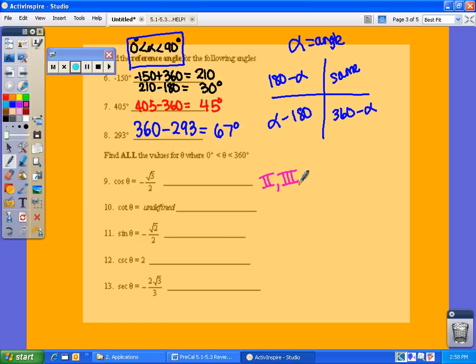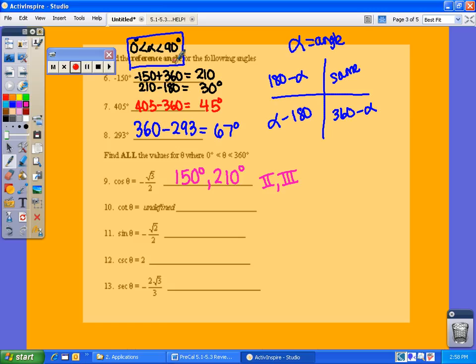And I also know the only time I see square root of 3 over 2 in the second and third quadrant for cosine is at 150 and at 210. So if you know what quadrant it's in and you know the reference angle, then it makes it a lot easier to find those two answers.